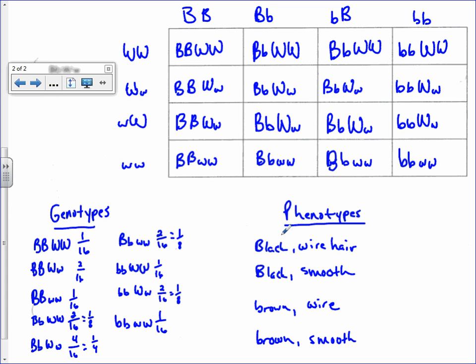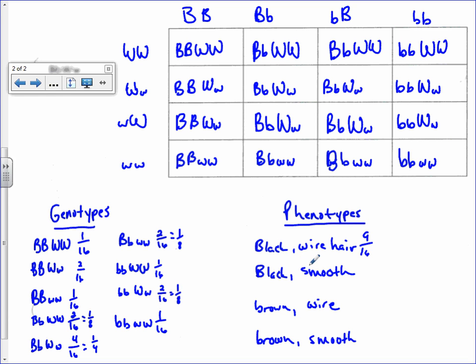Okay, so for black and wire hair, we need a capital B and a capital W. So we have 1, 2, 3, 4, 5, 6, 7, 8, 9 out of 16 chance that it's going to be a black dog with wiry hair.